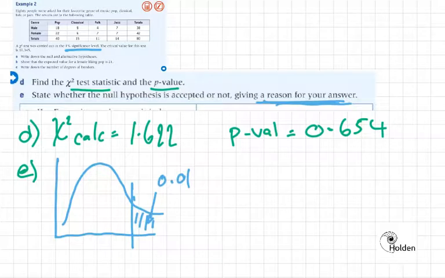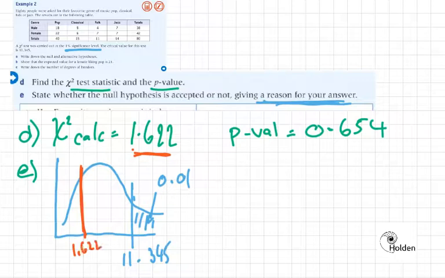It's small, it's tiny. The critical value for this is 11.345. Right, let's compare our values. From earlier, 1.622 is our calculated value. So our calculated value is in here somewhere.